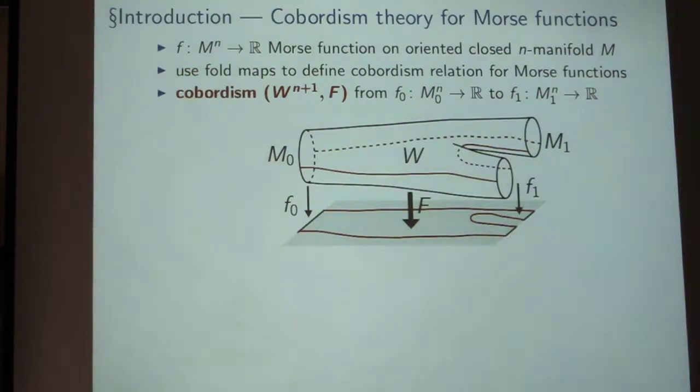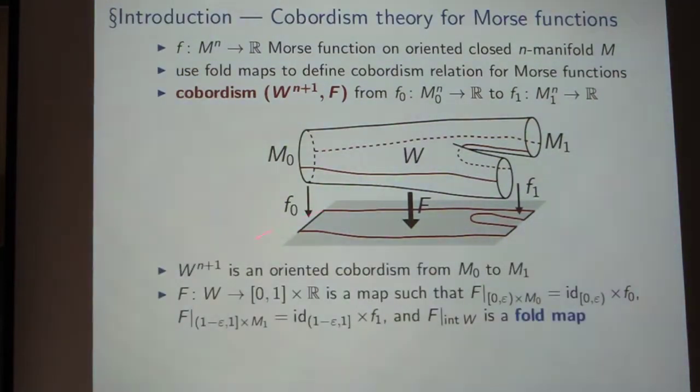W is supposed to be an oriented Cobordism from M0 to M1. So I suppose orientability here. You could also define an unoriented version, but let's stay with the oriented manifolds for simplicity. This is just an oriented Cobordism from M0 to M1 in the sense of algebraic topology, or differential topology.